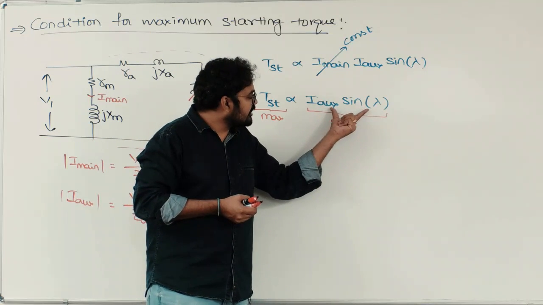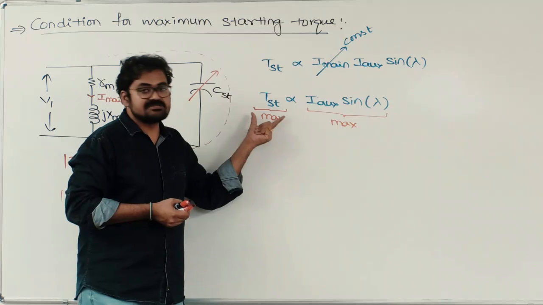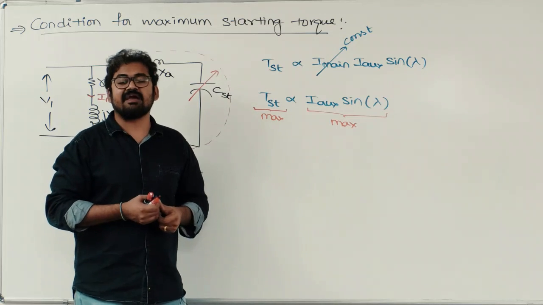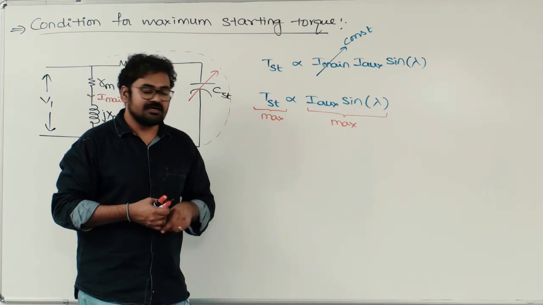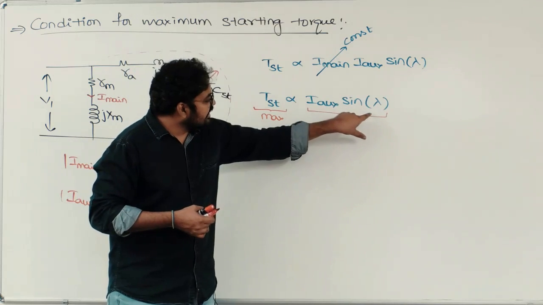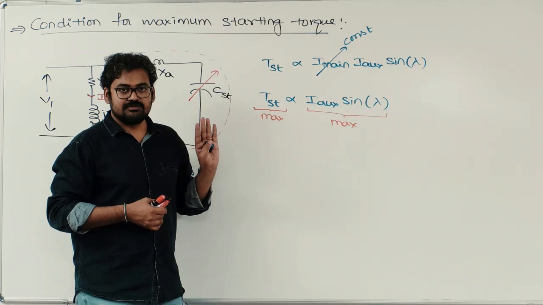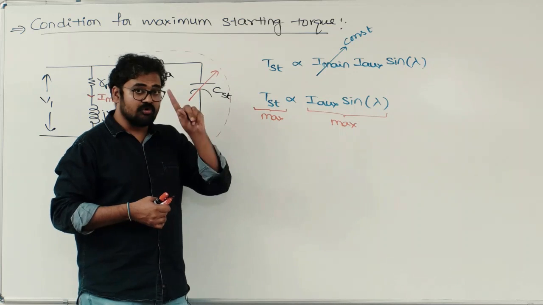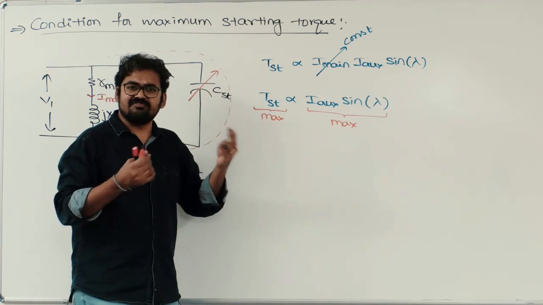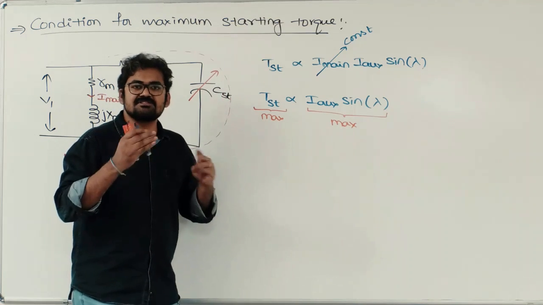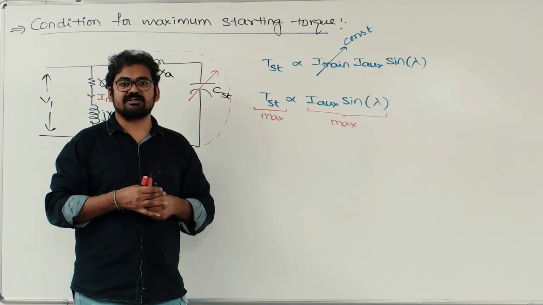If this total product is maximum, then only starting torque is going to be a maximum value. Understand? So now let us understand when this entire product will be a maximum value. What is the only variable parameter? Capacitor. Try different capacitance values and find out at what capacitance value this starting torque would be maximum.